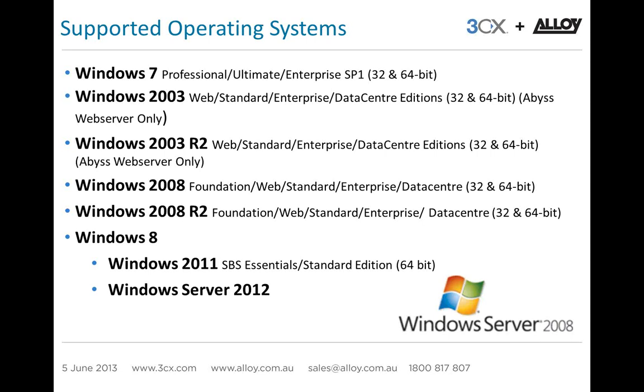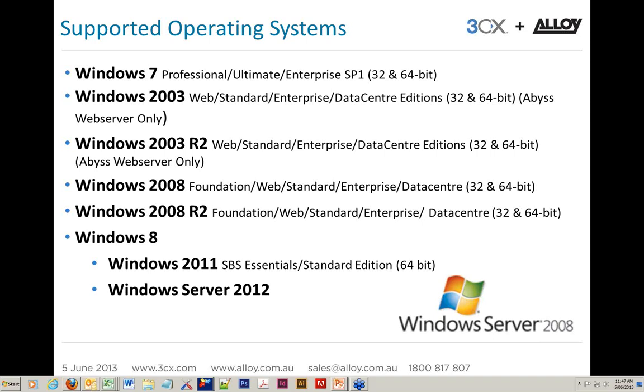Now internally, the ports that are used by 3CX are 4515, 4516, 5000, 5100, 5480 to 5489, 7000 to 7499, 32,000 to 32,999, and 40,000 to 40,999, and these are used by the 3CX phone system processors.